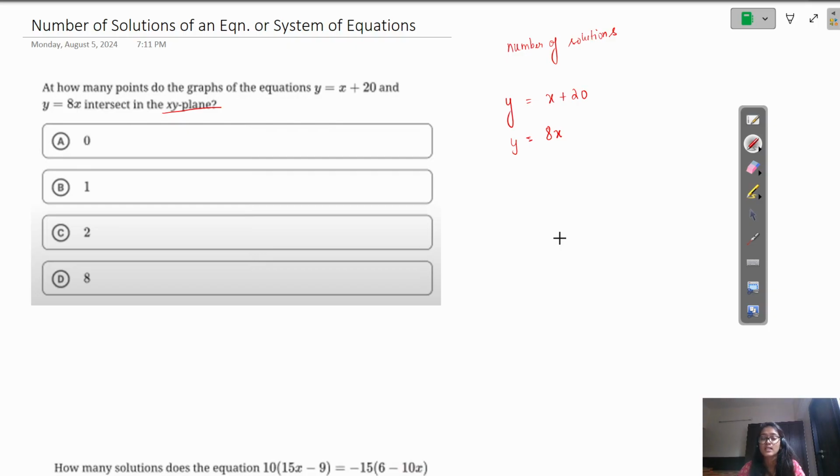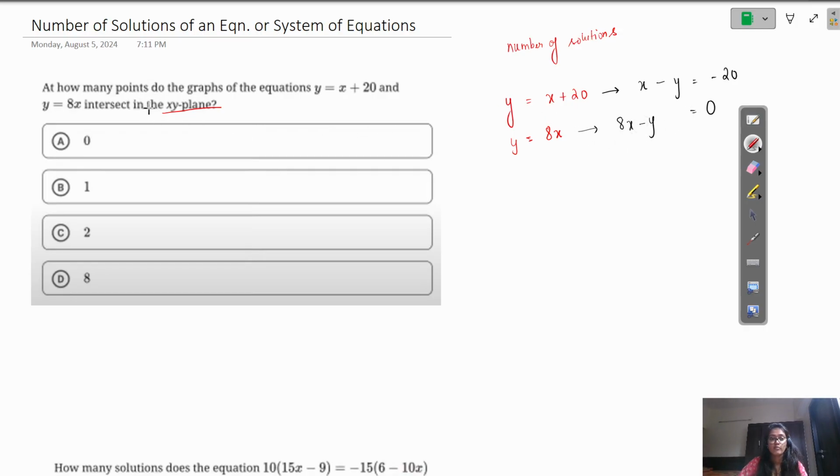If you remember system of equations, to find out the number of solutions, we used to take the ratios. In the standard form, the first one is x minus y is equal to negative 20, and the second one is 8x minus y is equal to 0.